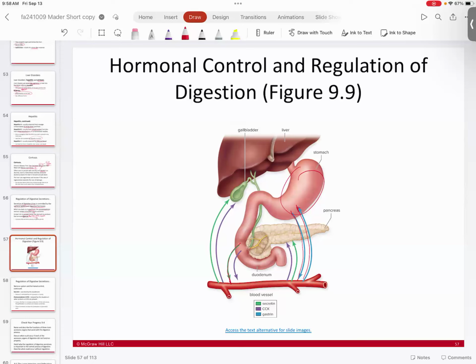The signal is going to be coming from your duodenum, but then it's going to be signaling back to your gallbladder. Typically, secretin is regulating your gallbladder activity and your duodenal activity in response to undigested protein in your duodenum. The CCK, which is cholecystokinin, we'll talk more about these in just a second, is doing the same thing.